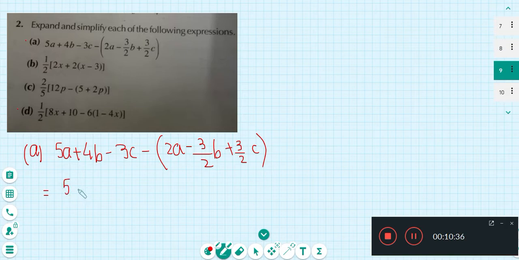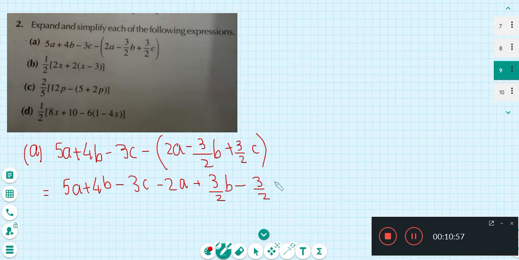So opening the bracket, 5a plus 4b minus 3c as it is, this negative into plus negative 2a, negative into negative positive 3 by 2b, and negative into positive gives you negative 3 over 2c.